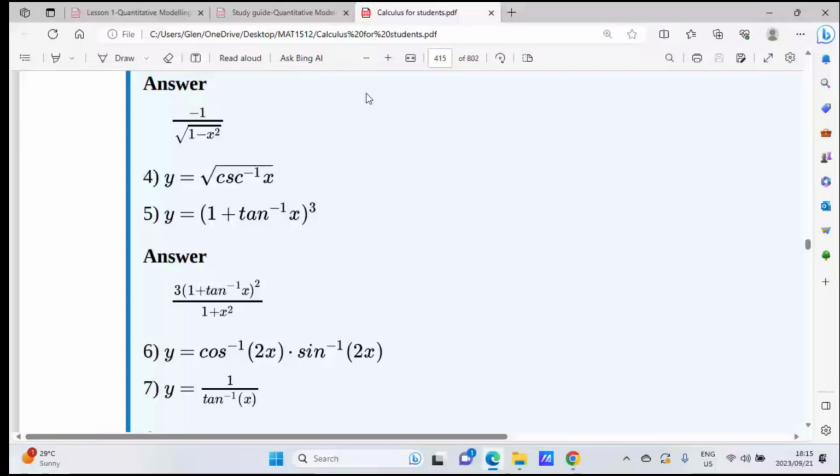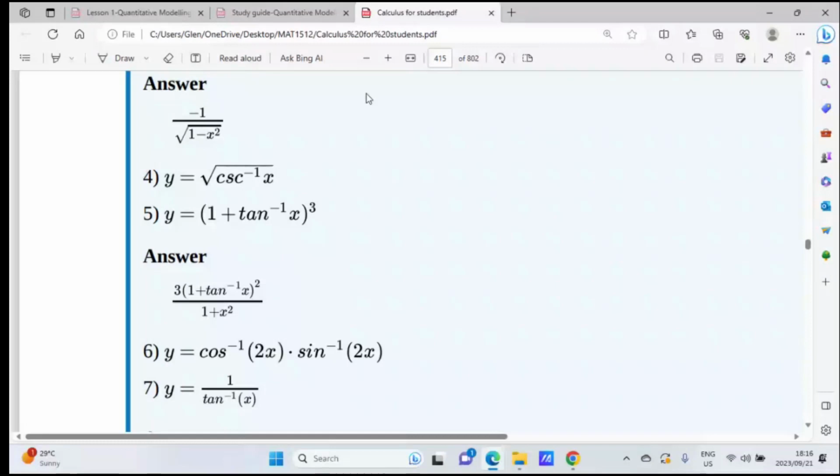Take the 1 over tan inverse to the top. So let's say y equals 1 over, and in brackets we have inverse tangent x, and all of that in the denominator to the power of 3. How are you going to get that derivative?